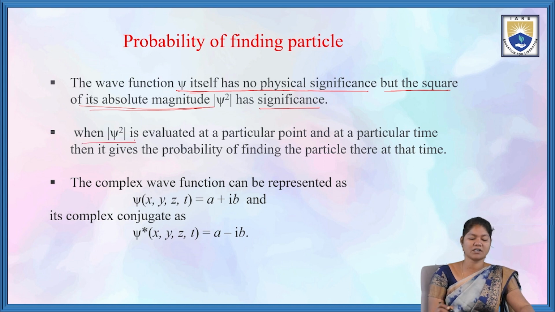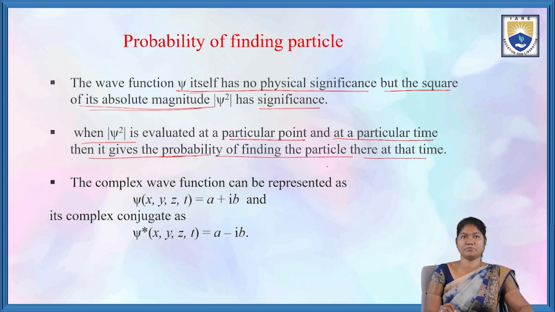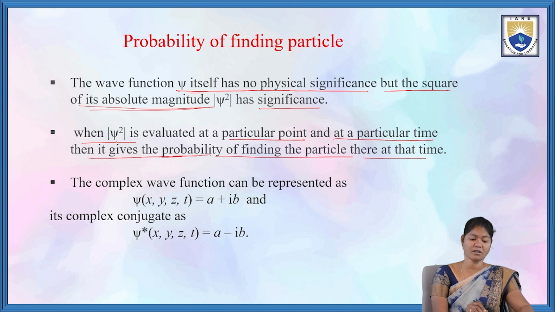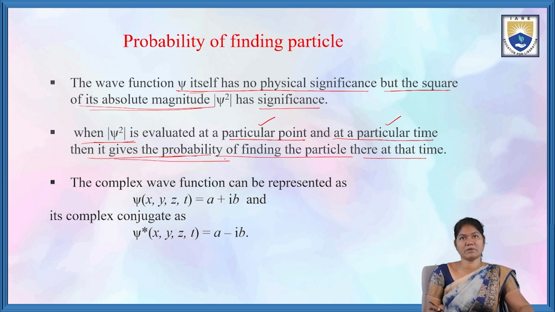When modulus psi squared is evaluated at a particular point and at a particular time, it gives the probability of finding the particle there, at that position, at that particular time.